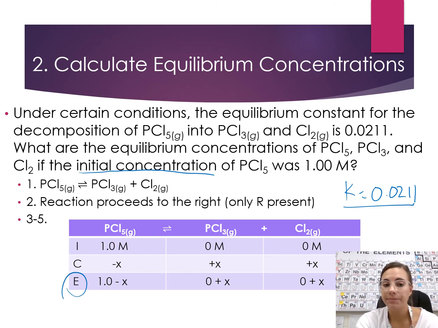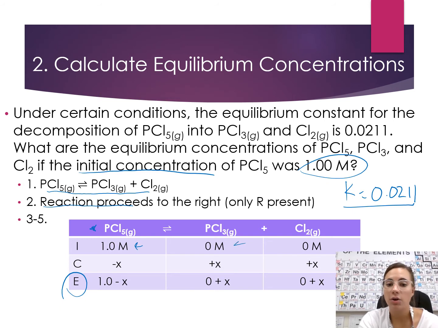So step 1, I write my balanced equation. Step 2, I got to figure out which way does my reaction proceed. Well, I'm given only initial concentrations of a reactant. So the only option is to proceed forward or to the right towards the products. So then now I'm going to fill in my ice chart. So I have my reaction here. Then I know I have 1 molar initial concentration of PCl5.